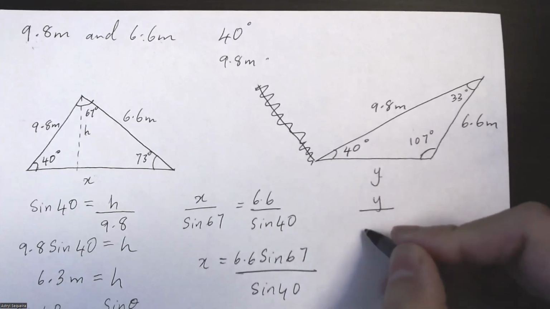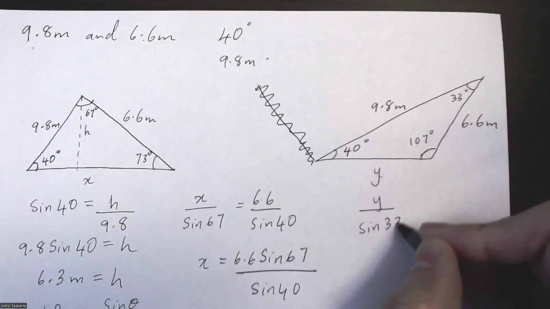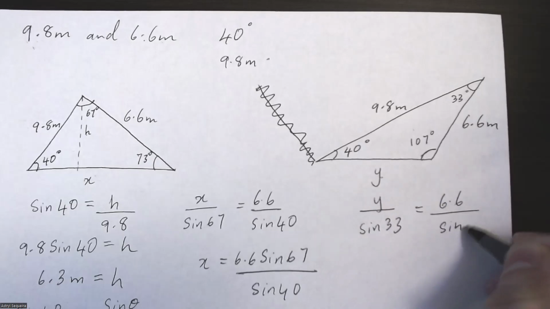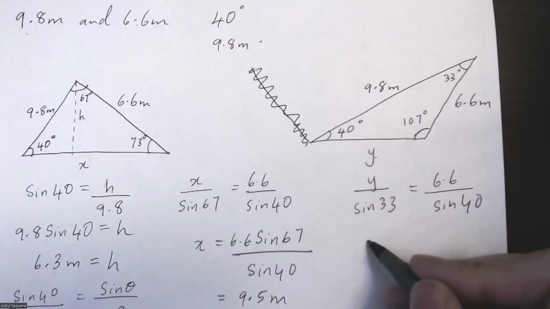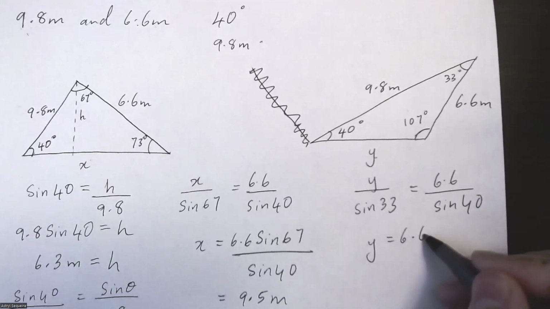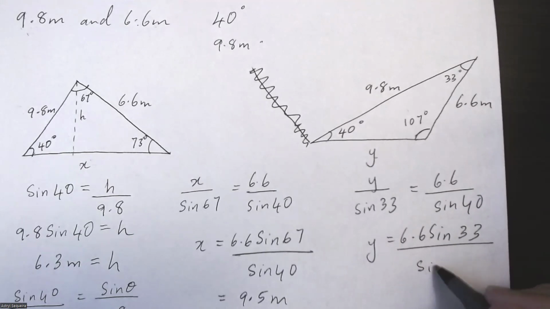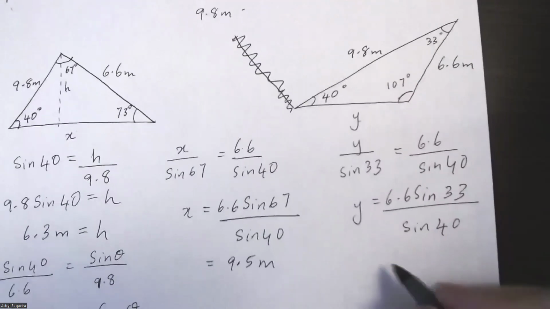So y over sine 33 equals 6.6 over sine 40. I'll cross multiply that over: 6.6 sine 33 over sine 40.